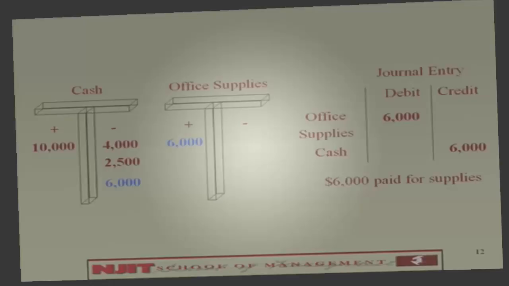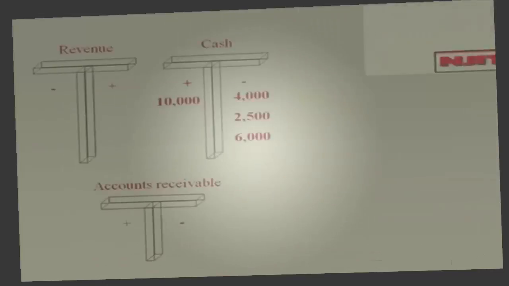So how much money do customers owe them? $19,500. What do you call customers who owe you money? Accounts receivable. So the three accounts which are impacted are revenue, cash, accounts receivable.